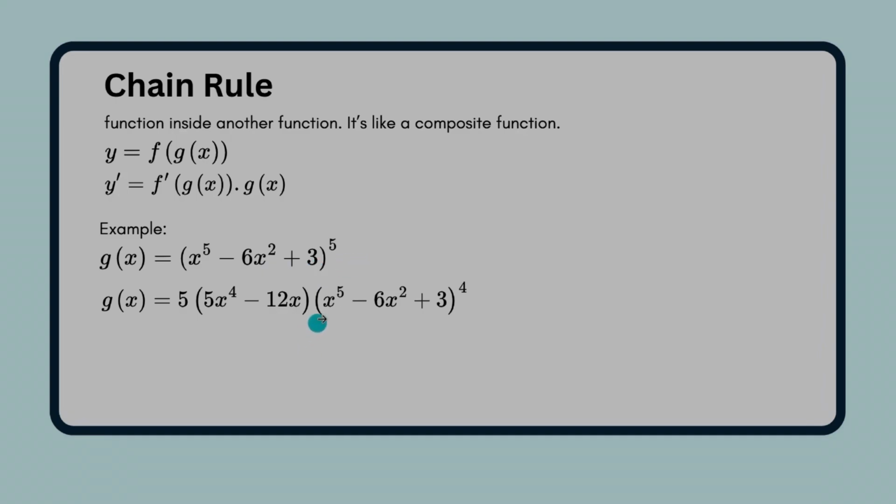When we differentiate it, we bring the exponent 5 to the front, and then we differentiate x^5 to 5x to the power of 4, then differentiate 6x squared to 12x, and then we copy the original function to the power of 4, and that is the final answer.